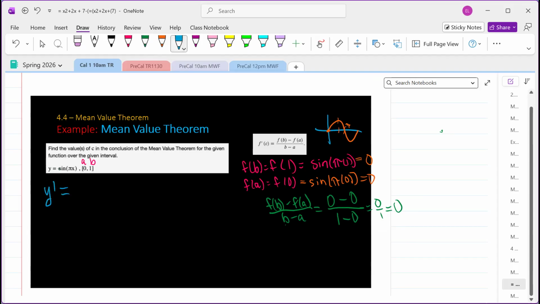So we have the derivative, we have sine of thing. The derivative of sine is cosine of thing times the derivative of thing. The derivative of pi times x, that's just a number times x, so it's pi times the derivative of x, which is 1.